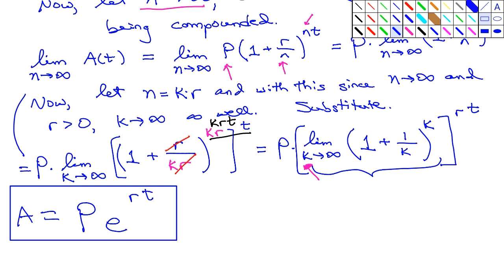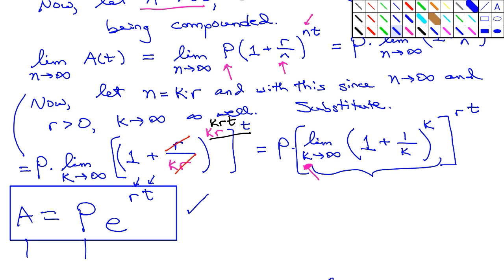And it says that the amount of money in an account when P dollars is invested, compounded continuously at a rate of r over a time frame of t years, then P times e raised to the rt is the amount in the account. So whenever you have continuous compound interest, you have to use a different formula from the regular compound interest. The regular compound interest formula uses n, which is a finite number of times per year that the money is compounded. Continuous compound interest formula is this one here.